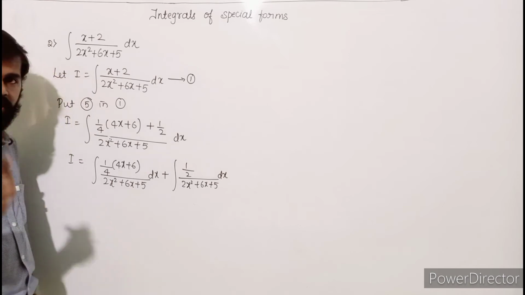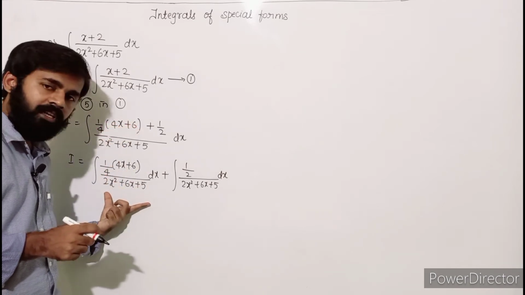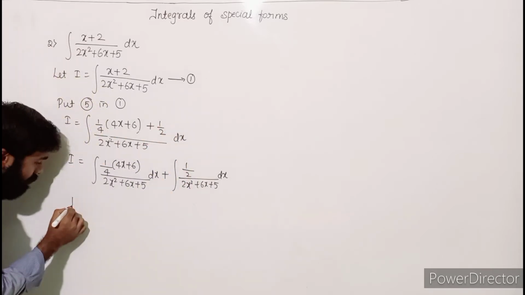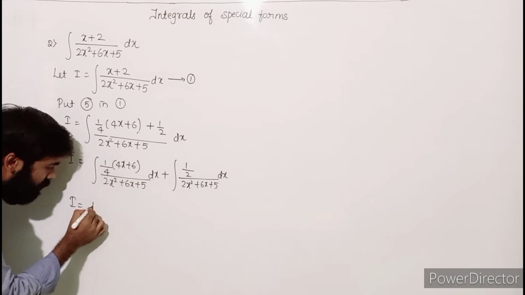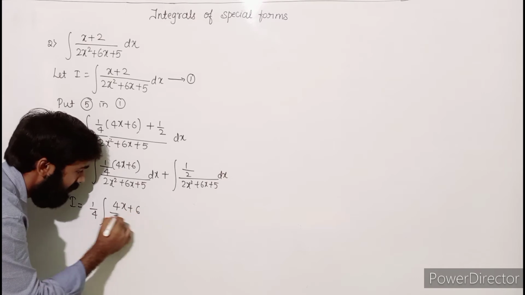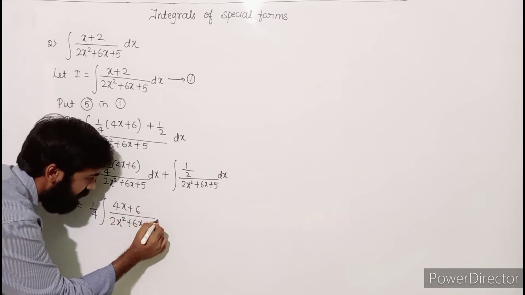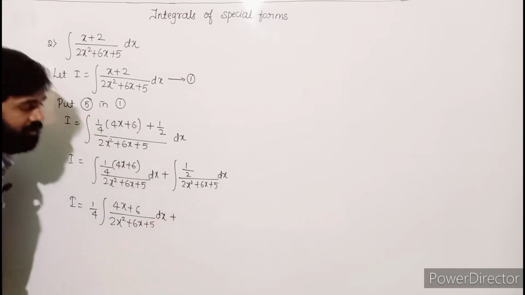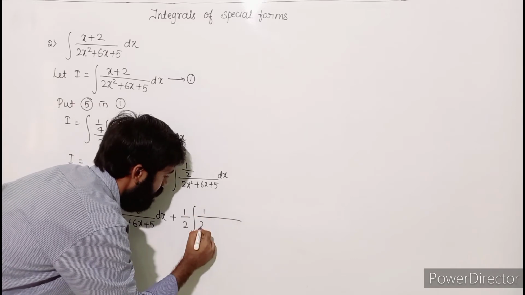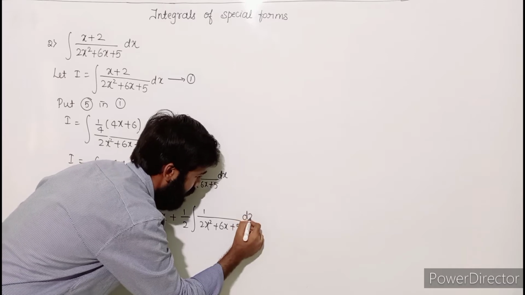I am splitting the integral and writing it. I am taking 1 by 4 into 4x plus 6 in the first integral, 1 by 2 in the second integral. Now I equals, I will take 1 by 4 outside and inside I write 4x plus 6 divided by 2x square plus 6x plus 5 dx, plus I will take 1 by 2 outside, we get integration 1 by 2x square plus 6x plus 5 dx.